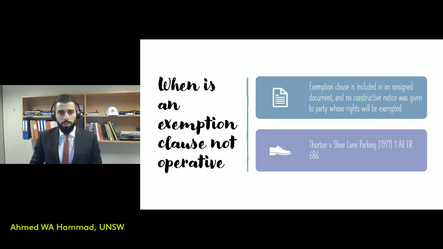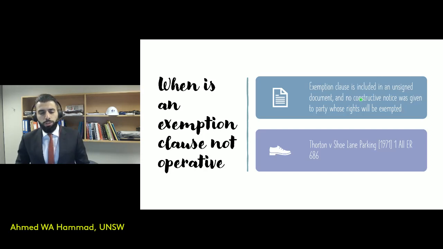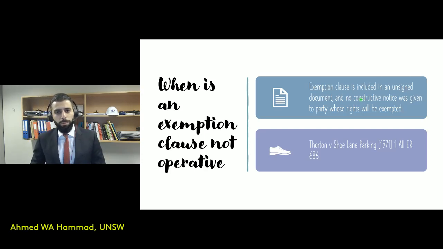In the previous slide, we talked about actual notice. Constructive notice, as defined by the courts, means that the party that's making the exemption clause, that's relying on it, should have done whatever is reasonable to allow the other party whose rights will be impacted by the exemption clause to realize that this notice exists. Okay, so that's what constructive notice means.